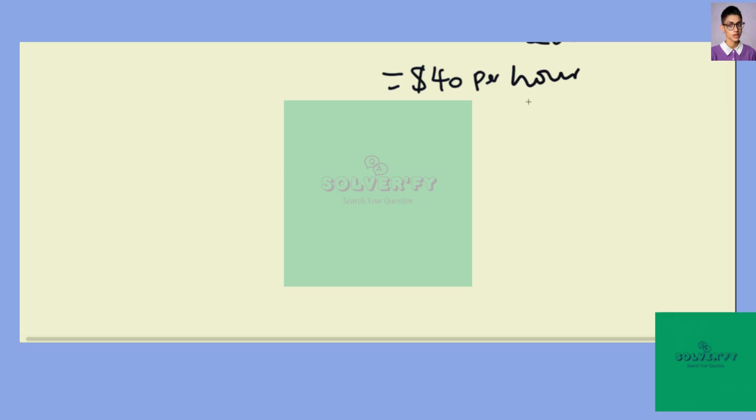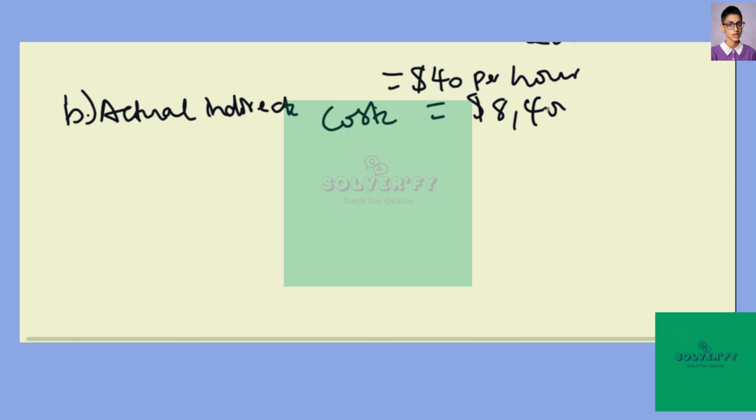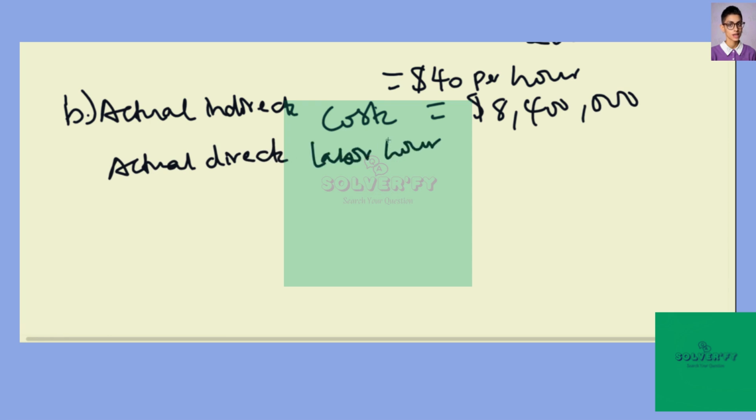So moving on, the actual indirect cost. We want to find the cost rate, but the actual indirect cost is 8,400,000, and the actual direct labor hours are 200,000.